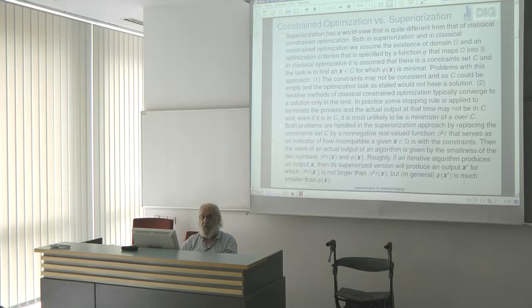That is the nature of superiorization. So we don't lose constraint compatibility, but we improve goodness according to the optimization criteria.